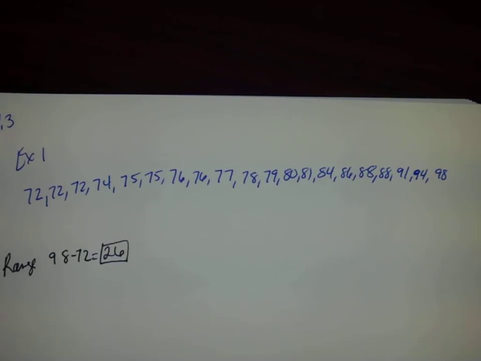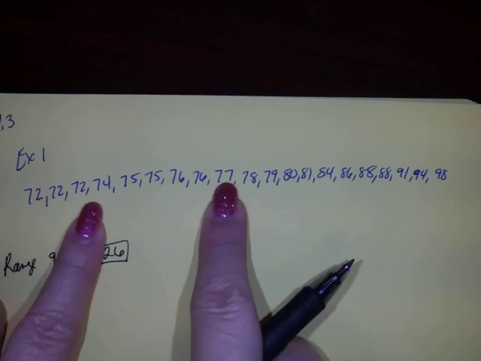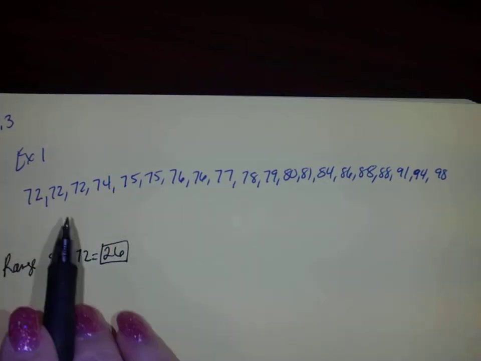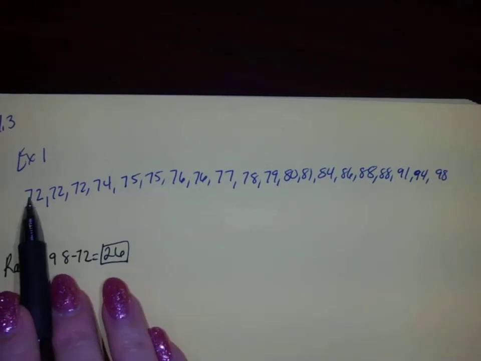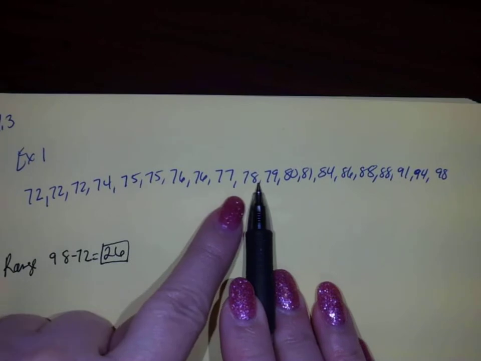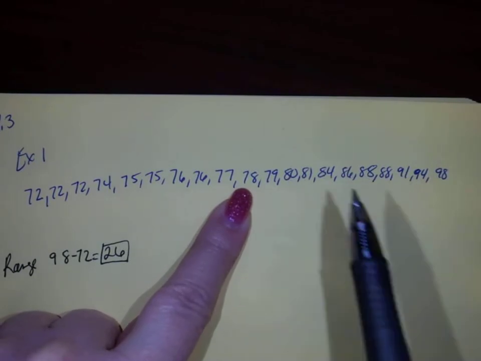So I know that I've got to find the median. We've got 20 numbers. If I divide that by 2, I get 10. 1, 2, 3, 4, 5, 6, 7, 8, 9, 10. And 1, 2, 3, 4, 5, 6, 7, 8, 9, 10.